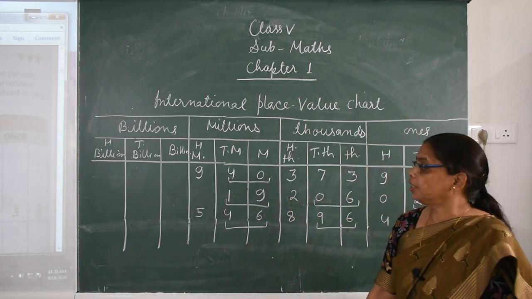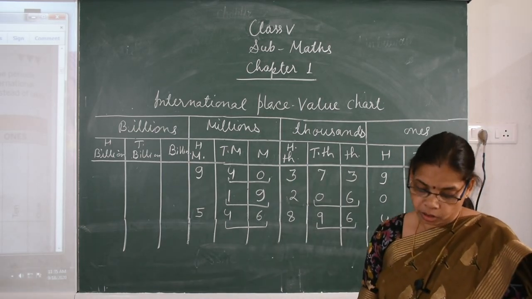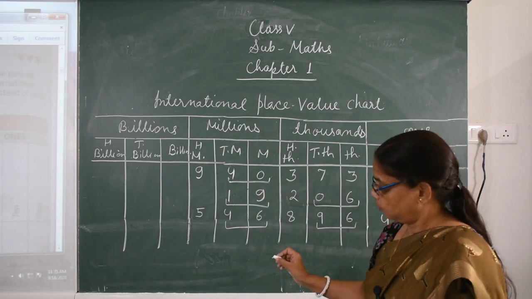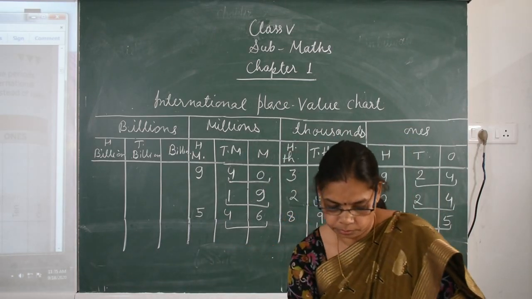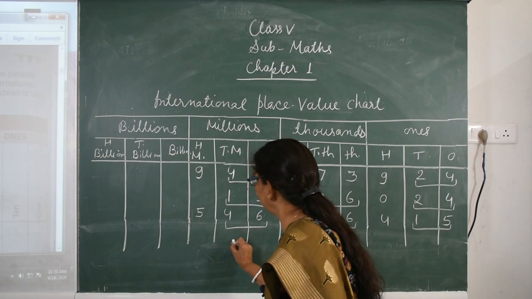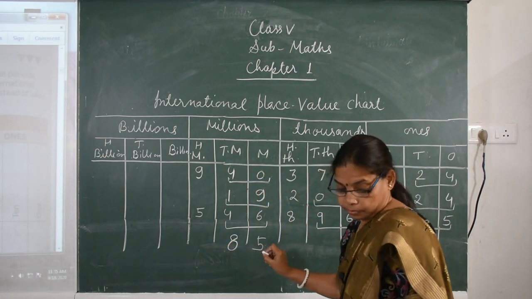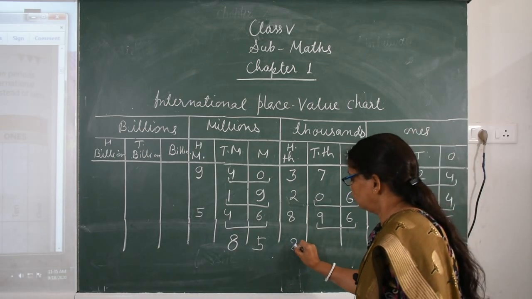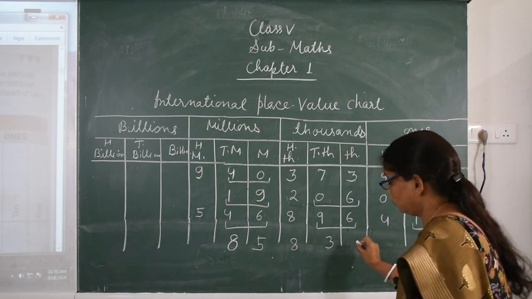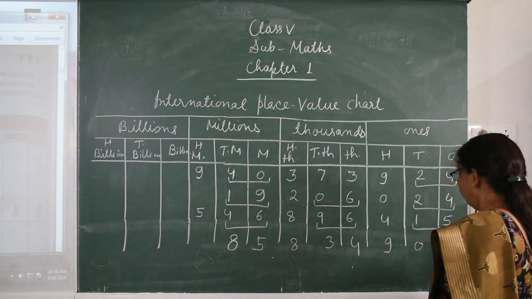And after each period we have to put the comma. Eight, 5, 8, 3, 4, 9, 0, 5.